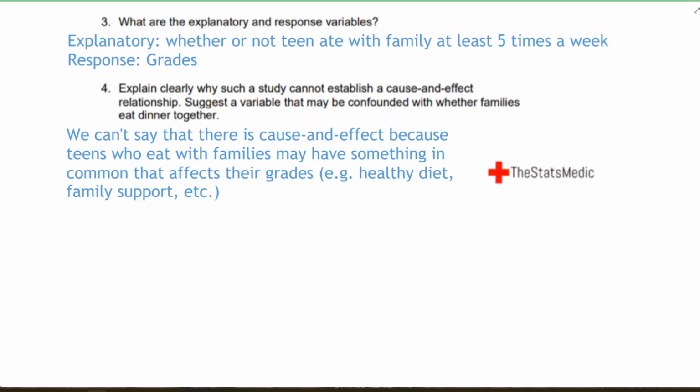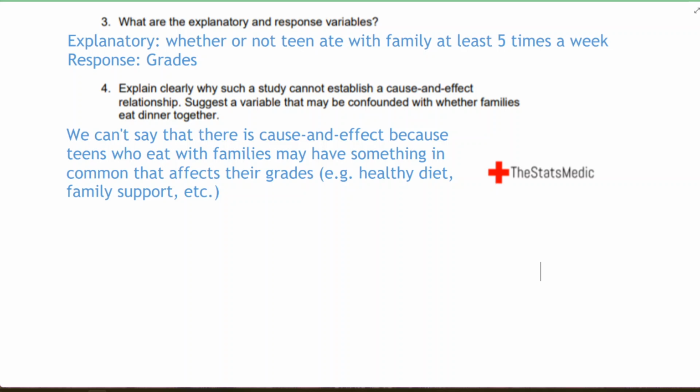A couple of other ones over here that we have are, teens who eat with their families may have something in common that affects their grades. Healthy diet could affect grades for sure. Family support, yes. I'm sure there's a correlation between family support and eating together as a family. I was thinking about this just now, and there are also parents who have multiple jobs who will probably not be able to eat with their family.